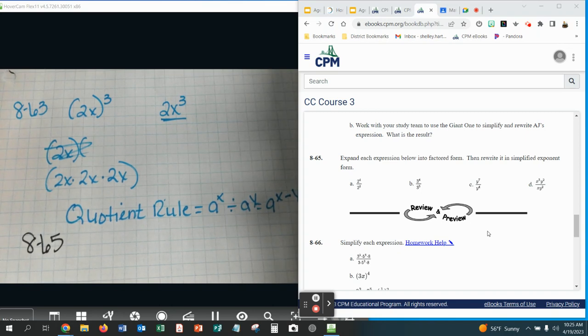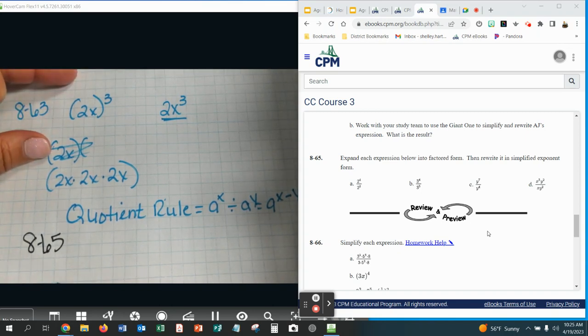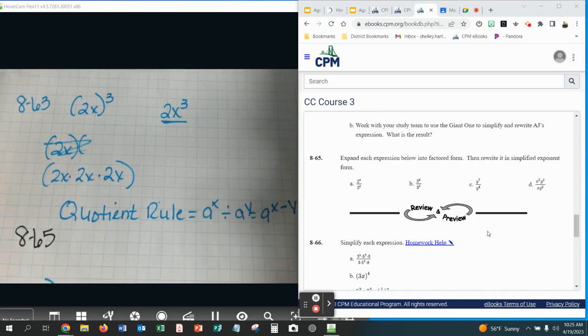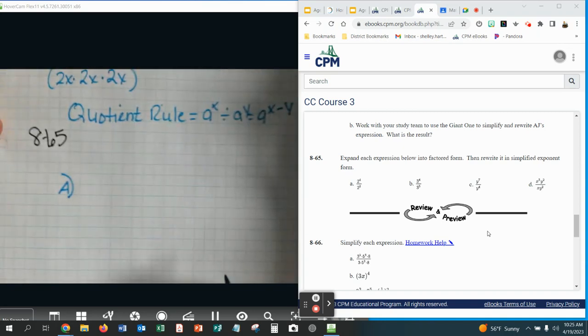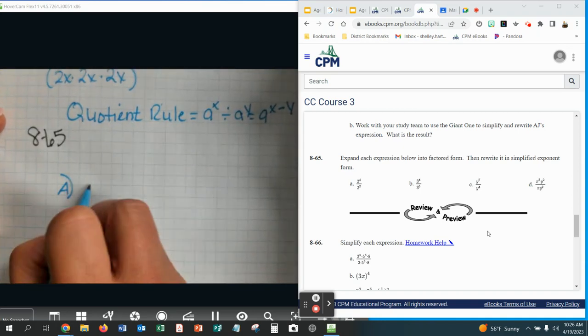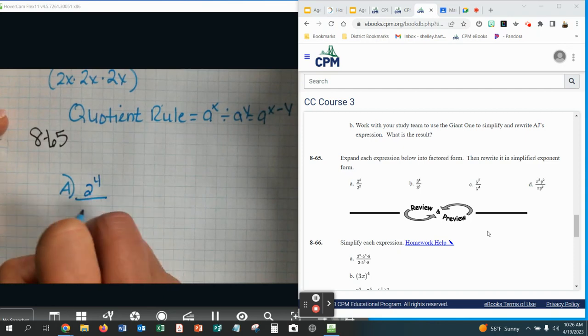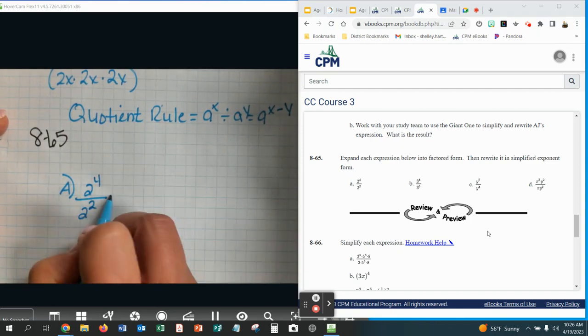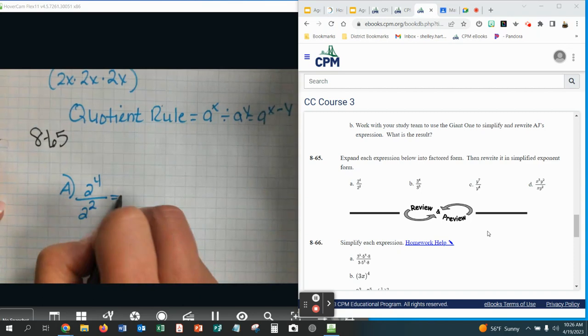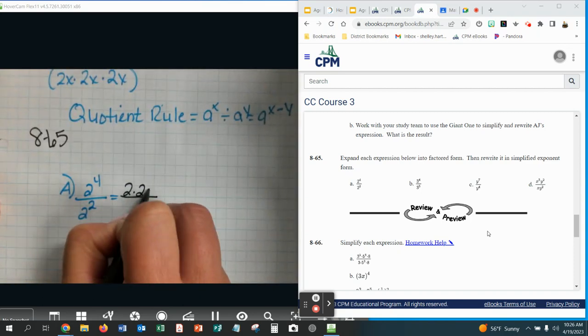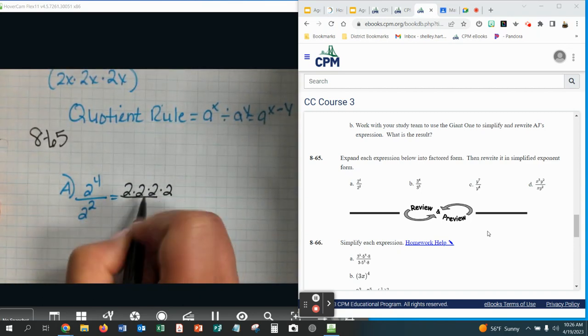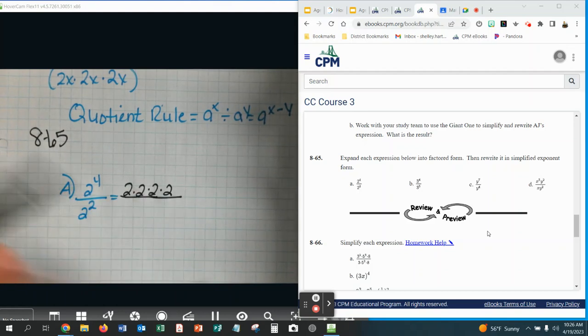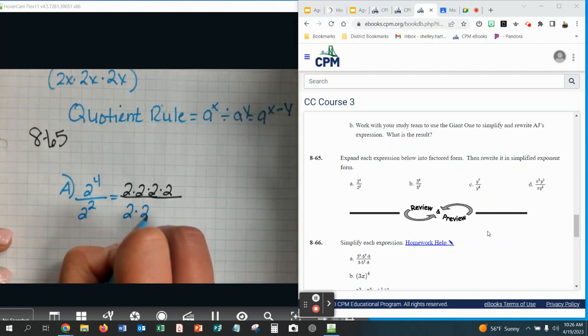So you have A, you have 2 to the 4th over 2 squared. It really looks like this: 2 times 2 times 2 times 2 over 2 times 2.